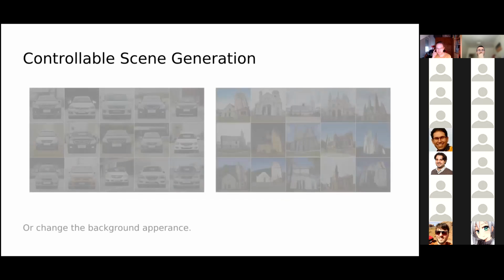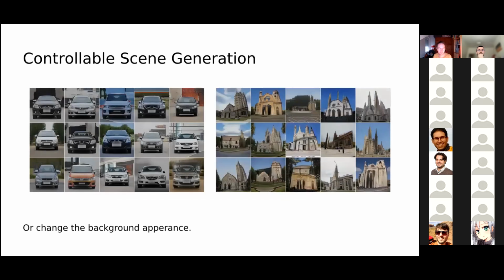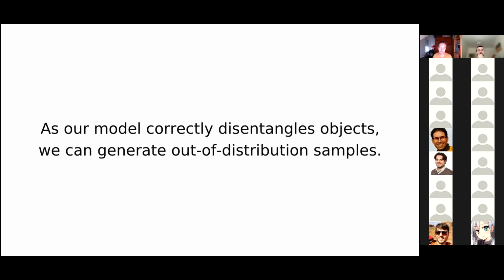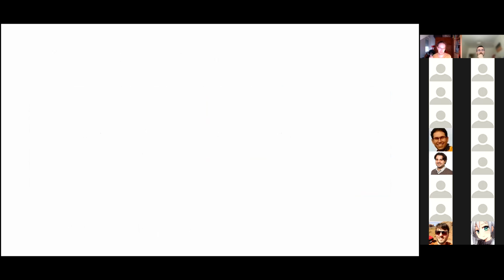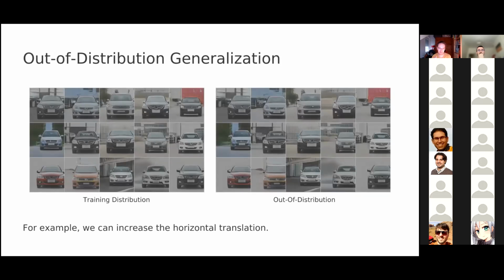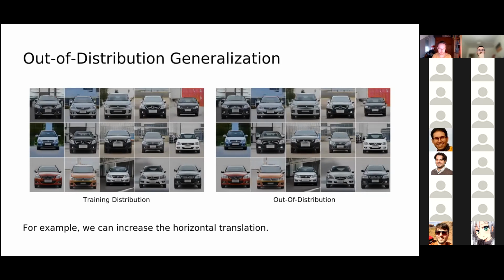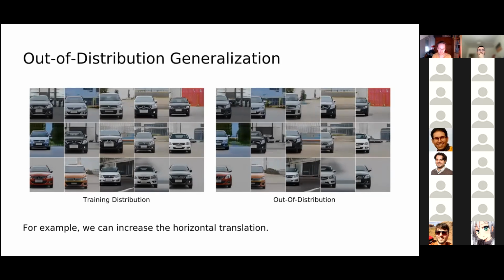Or we can change the background appearance. We can also generalize out of distribution, so we can go beyond the distribution that was present in the training set. So we can move further. Or we can scale further.